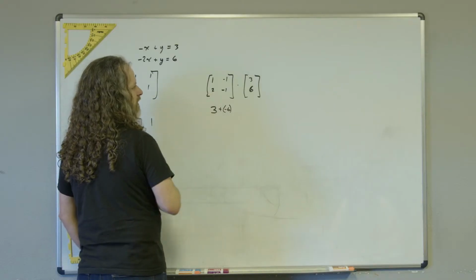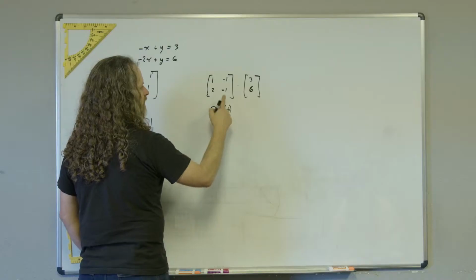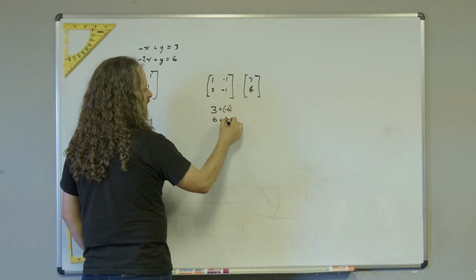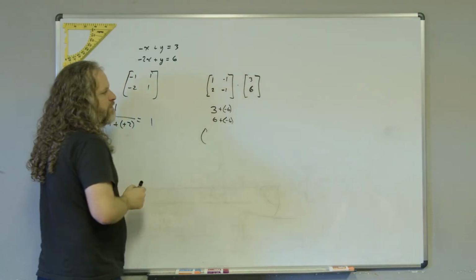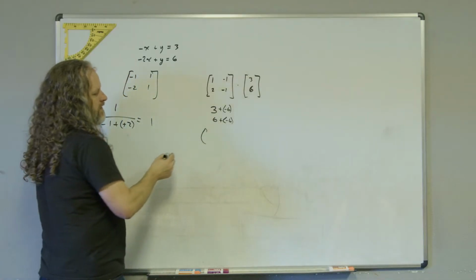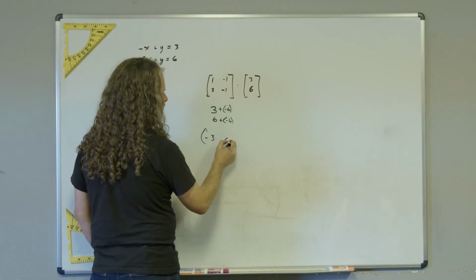Jump to the second column. 2 times 3 is 6. Plus -1 times 6 is -6. 3 plus -6 is -3. And 6 plus -6 is 0.